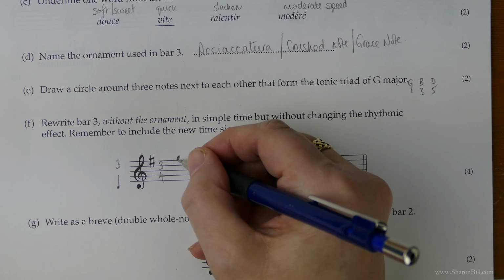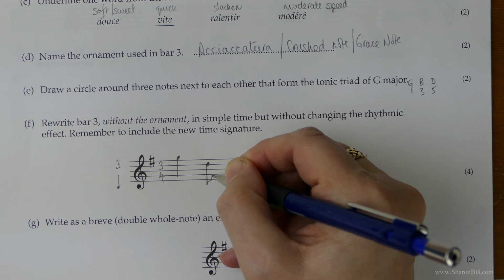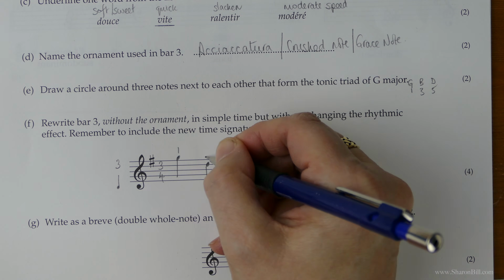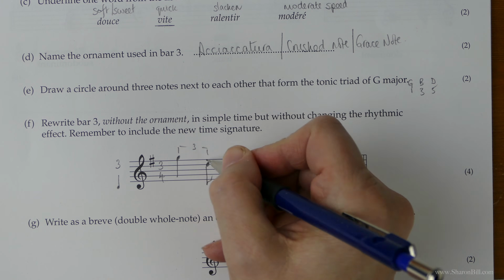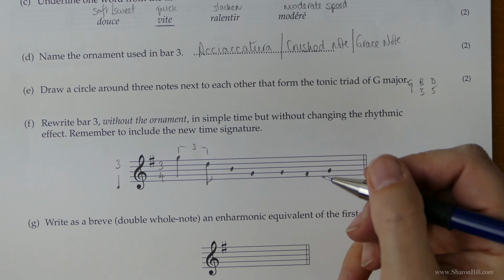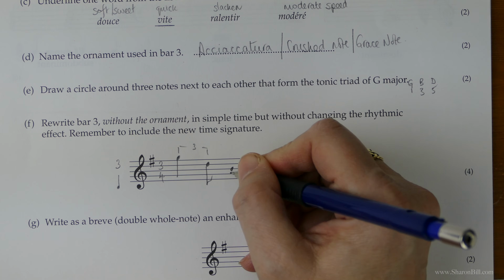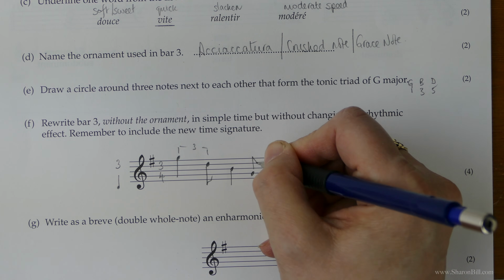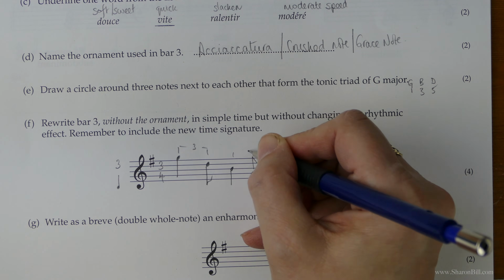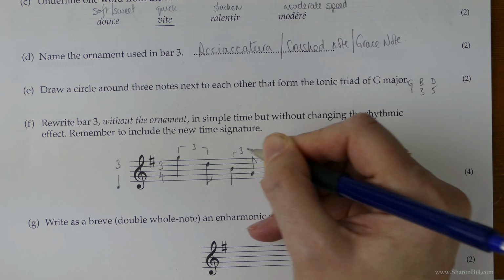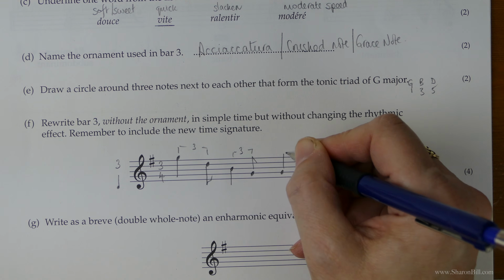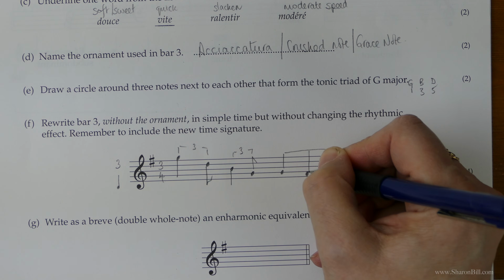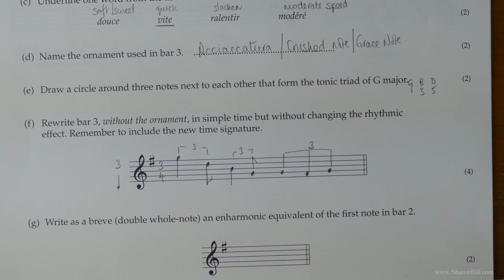So here's 1, 2, 3, so we need to add a triplet sign to that. You could do that, or you could do like a slow sort of bracket shape. So here's our next group of 3, 1, 2, 3, so triplet there, and then this is an obvious group of 3, 1, 2, 3, triplet. So the triplet does the job for us there.